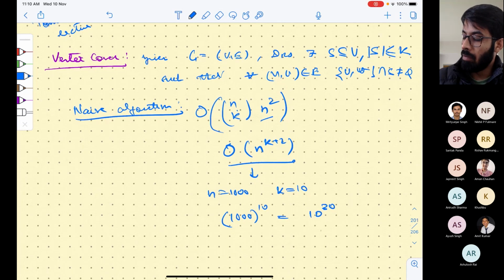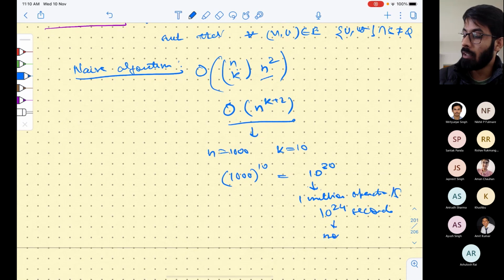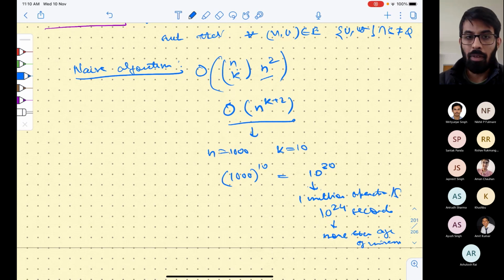And if a machine does 1 million operations per second, then this will take 10 to the power 24 seconds, which is huge. This is more than the age of the universe, multiple times, orders of magnitude different. So this is not really practical to have this kind of running time.